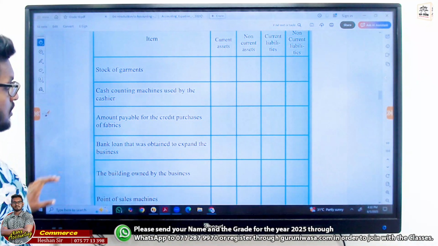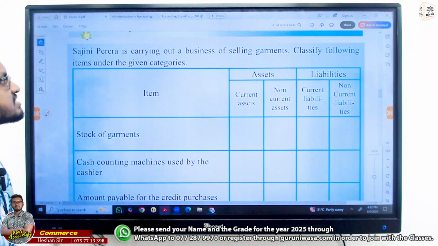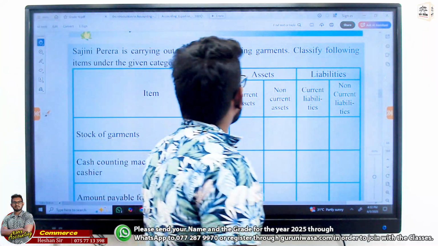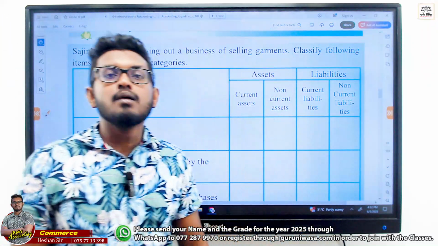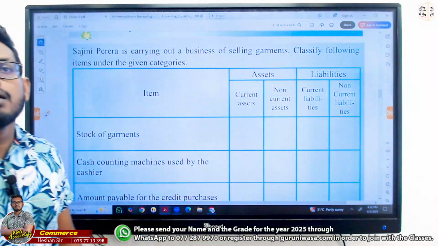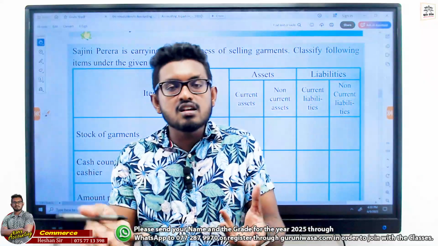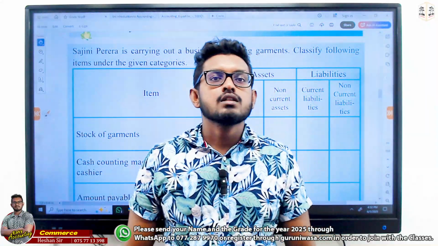Right. Now you need to understand the business first of all. Sajini Pereira is carrying out a business of selling garments. Underline garments. Garment is what? Clothes, right? So their stocks are what, guys? Clothes.